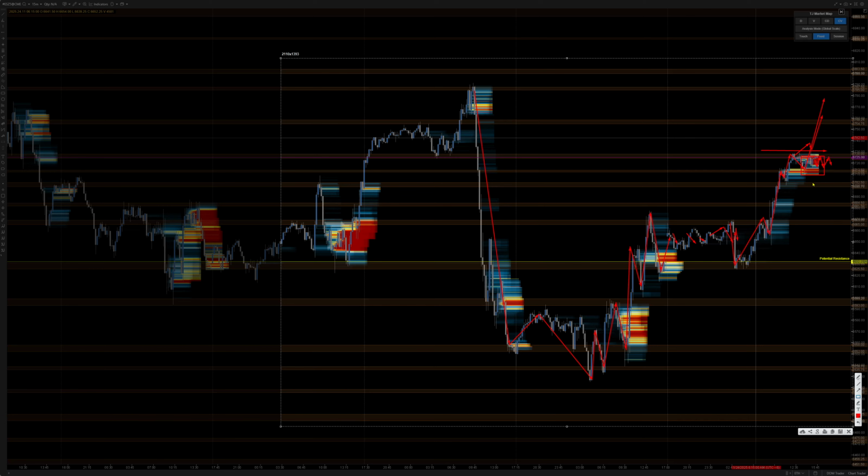In terms of going short, I would only go short after that level. If the market decides to go down here, bounces back, and then goes further down, I would go short here and here with more range trading.